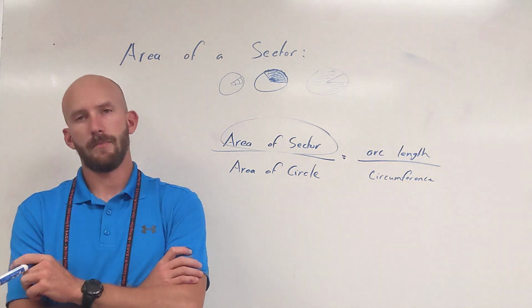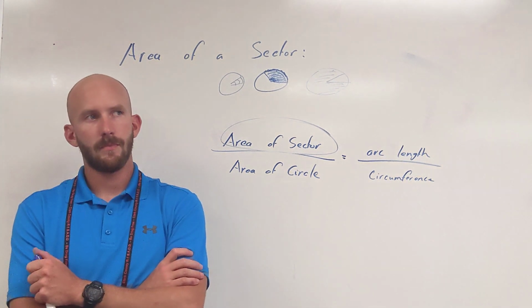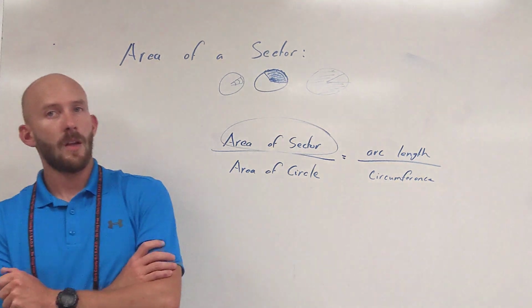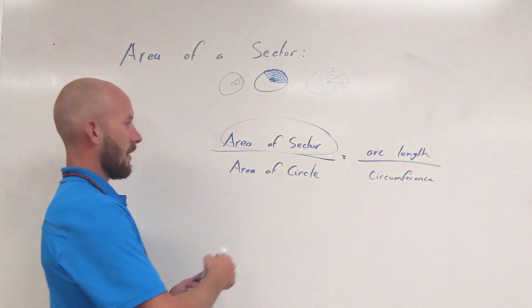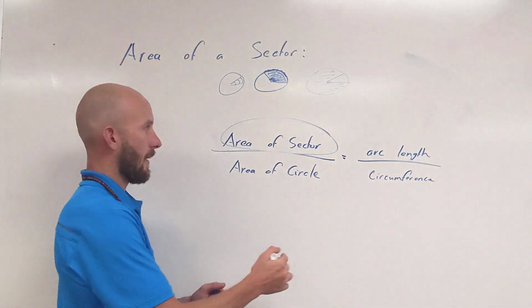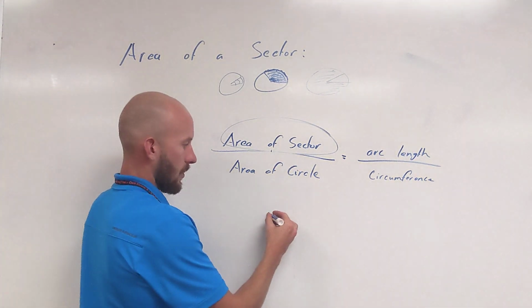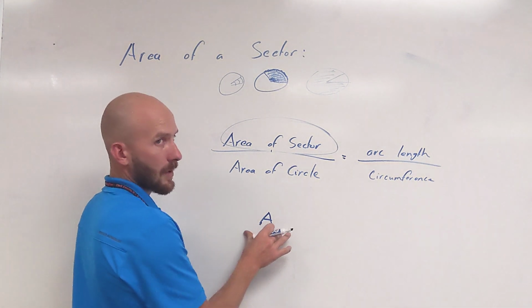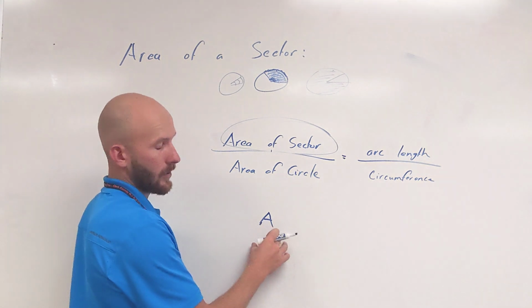Yeah, pi diameter, pi radius to the second power. So area of a circle is actually pi r squared. Okay. So for area of a sector, I'm just going to put an A there because that's the variable that I'm trying to solve for.